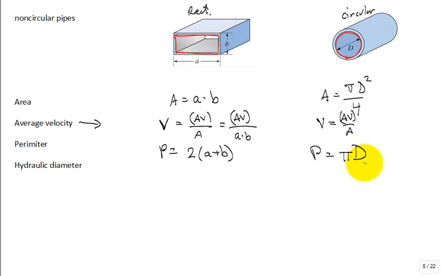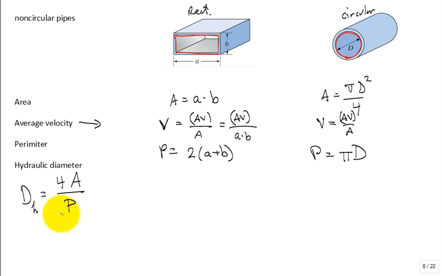Now we introduce the hydraulic diameter. The hydraulic diameter, D sub h, is defined as the cross-sectional area divided by the perimeter, the no-slip or the wetted perimeter, different ways of describing it.